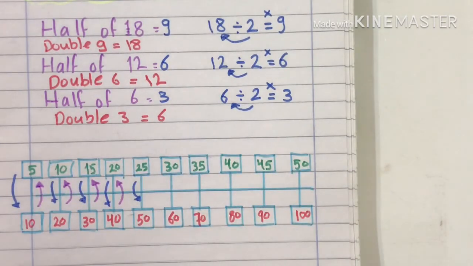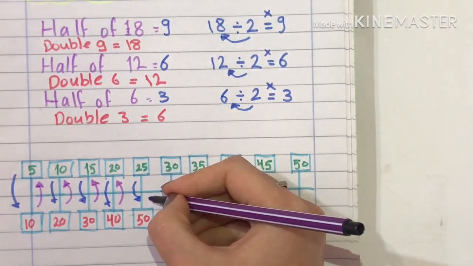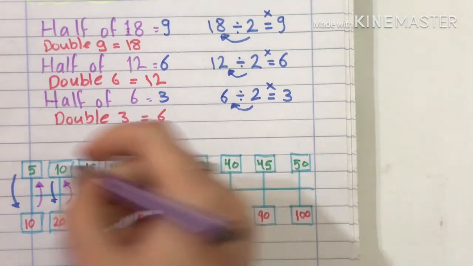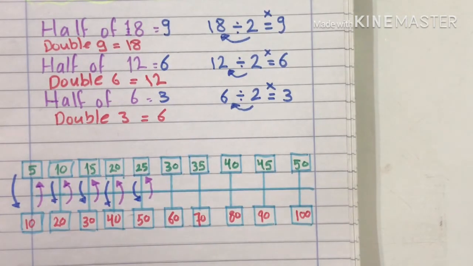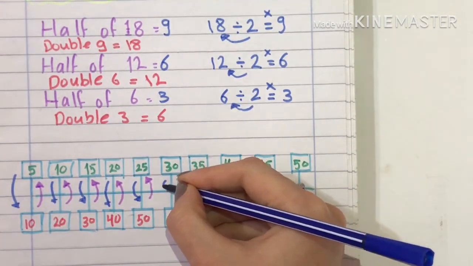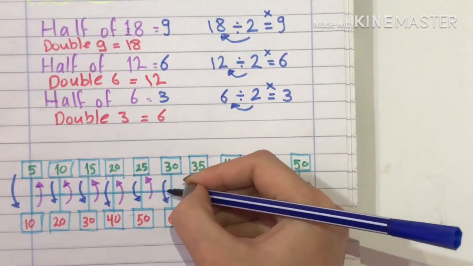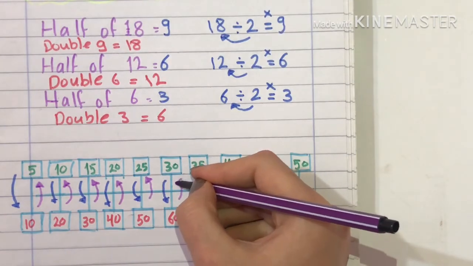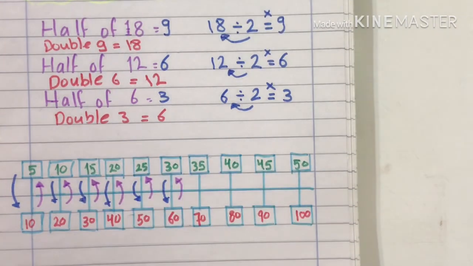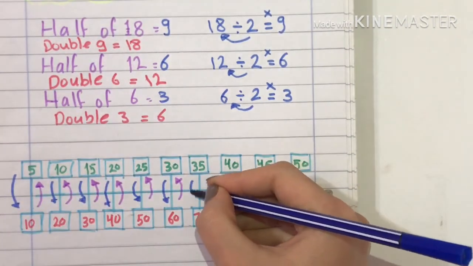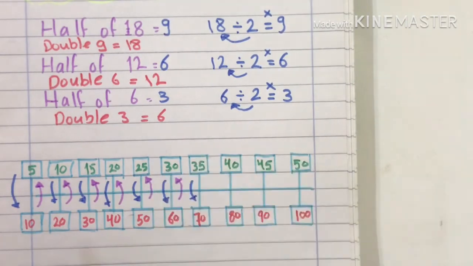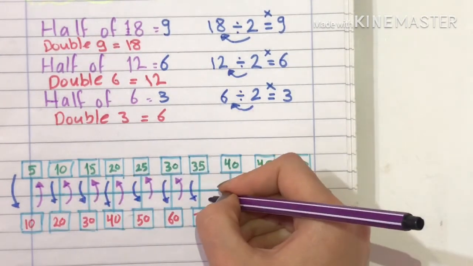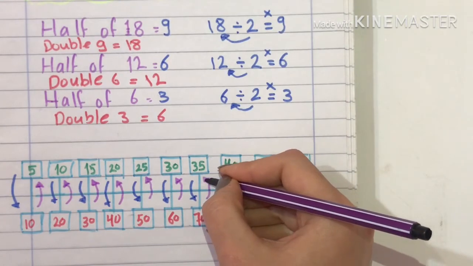And half 50, 25. Double 30, 60. Half 60, 30. Double 35, 70. Half 70, 35.